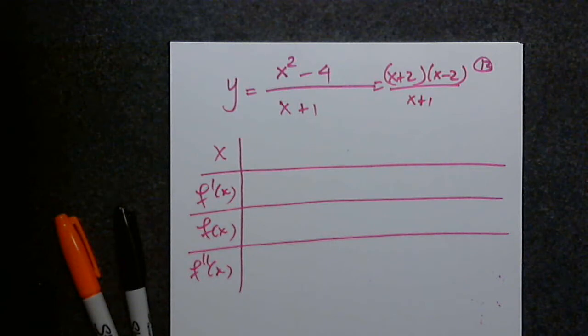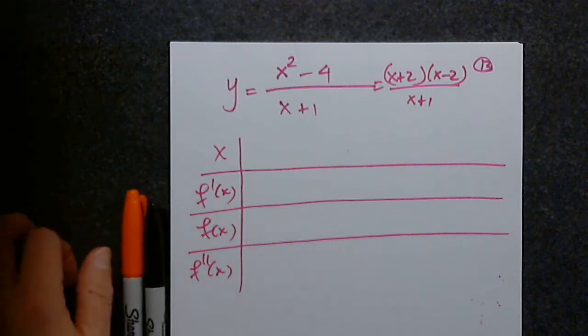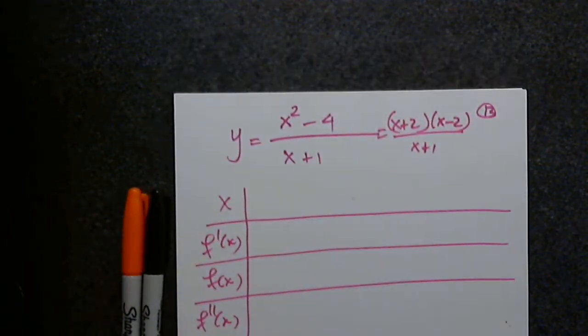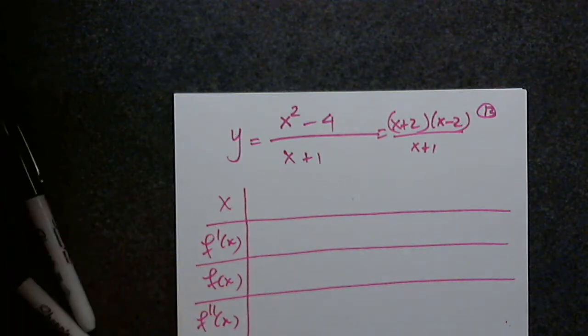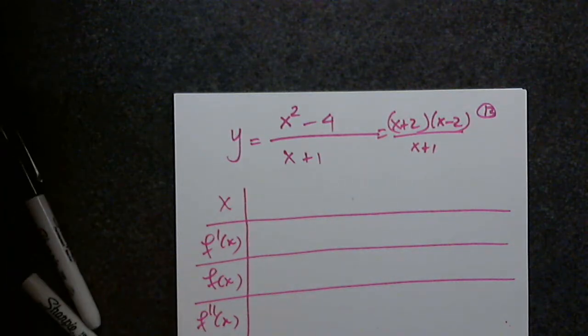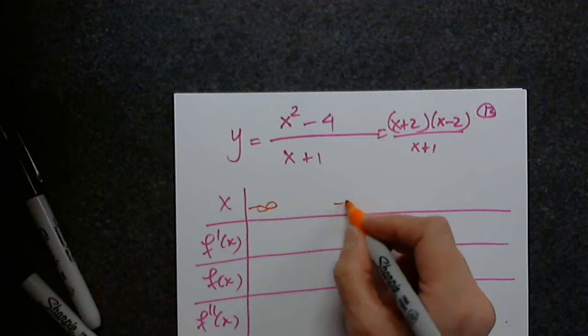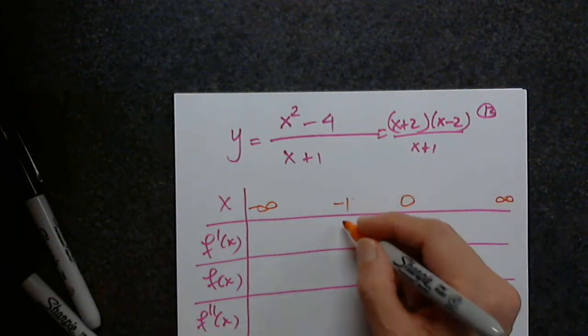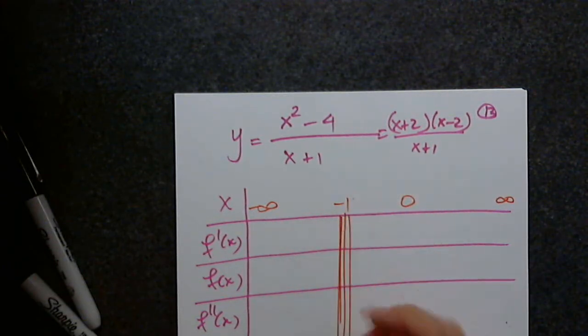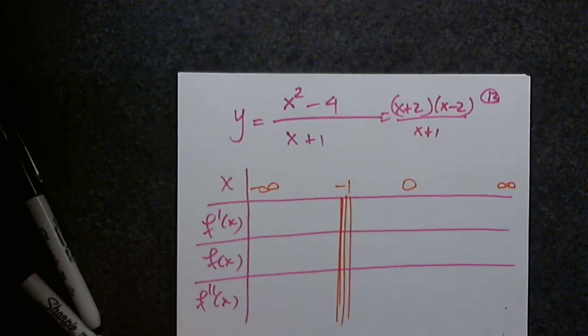So what is our starting point? For sure. The domain. Very good. Negative infinity, negative 1, 0, infinity. Since x plus 1 does not go away, x equals negative 1 must be a VA.